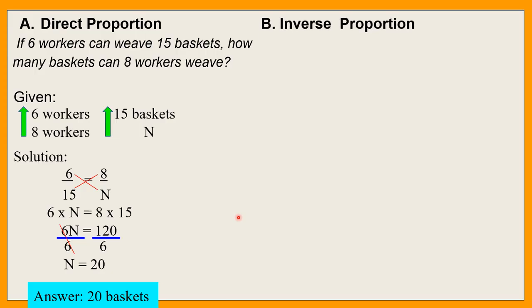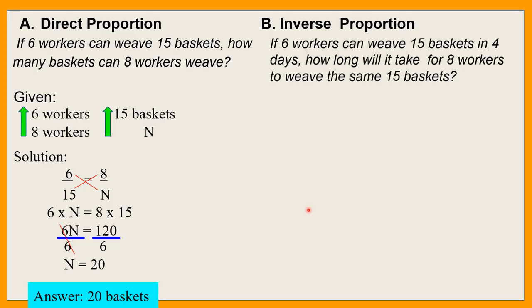Now, sa inverse proportion, pwede rin itong tawagin as indirect proportion. So, ang ating problem dito is, if 6 workers can weave 15 baskets in 4 days, how long will it take for 8 workers to weave the same 15 baskets? So, given we have, again, 6 workers.